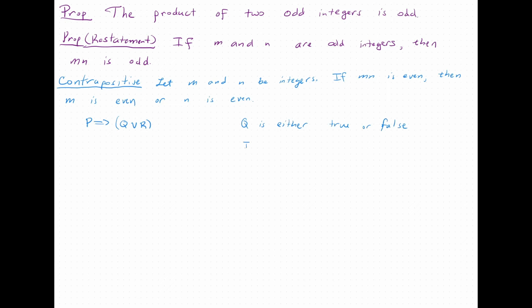If Q is true, then we are done, as that will show that this here is a true statement. Now, if Q is false, then we show that R is true.